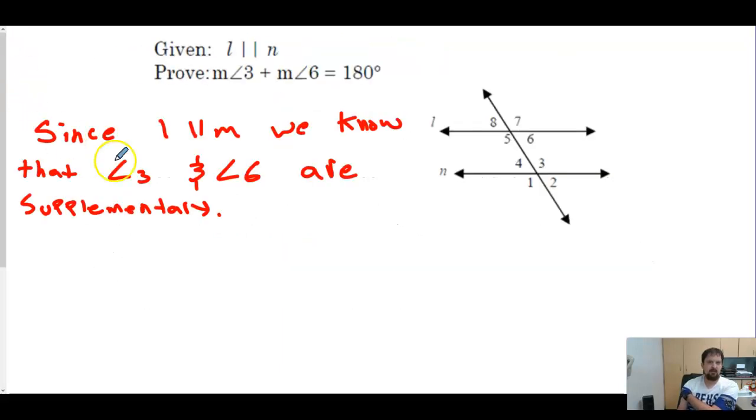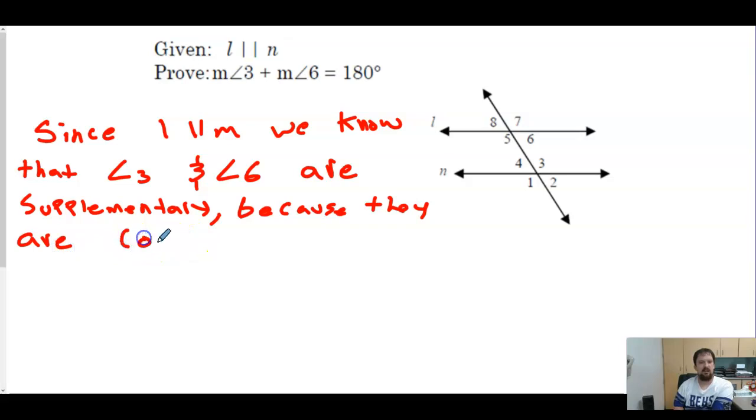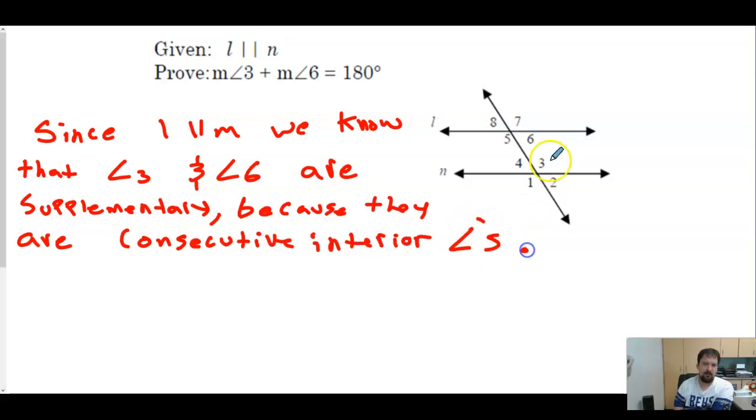So I need to state, because they are consecutive interior angles. Since they're consecutive interior, and it was given to us that L and N are parallel, we know that these two have to equal 180 degrees because of one of our theorems.